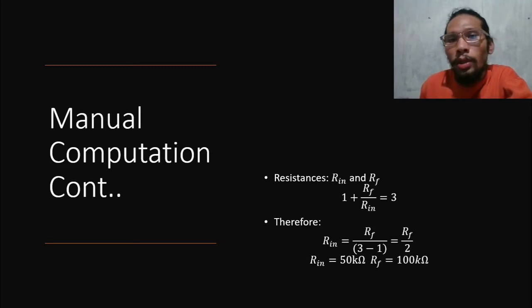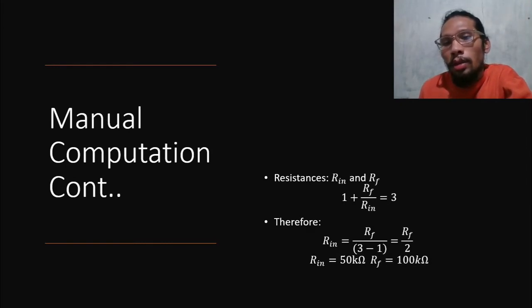So to compute for the resistances R in and RF, I use the non-inverting voltage gain, and that is 1 plus RF over R in, and should be equal to 3. Therefore, R in is equal to RF over 3 minus 1, and is equal to RF over 2.